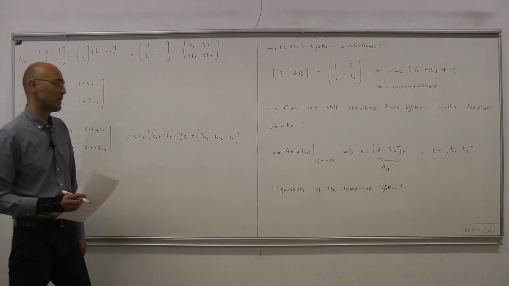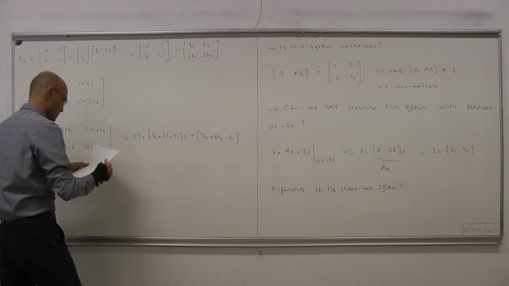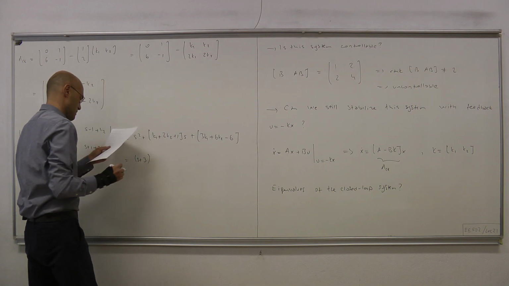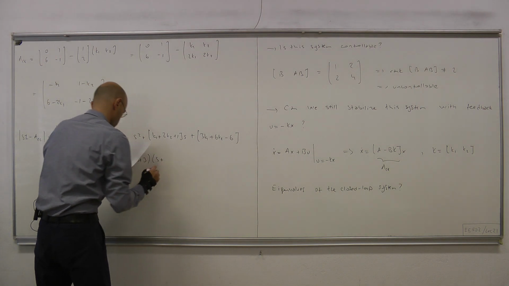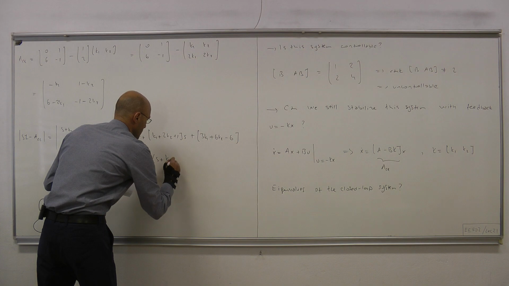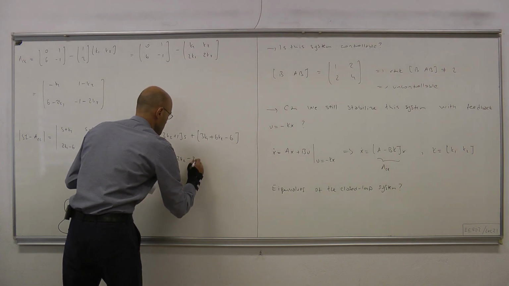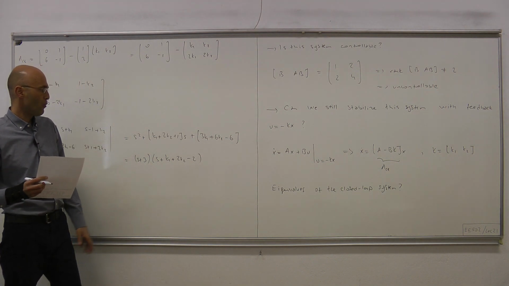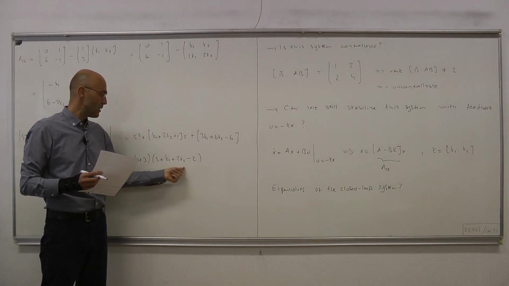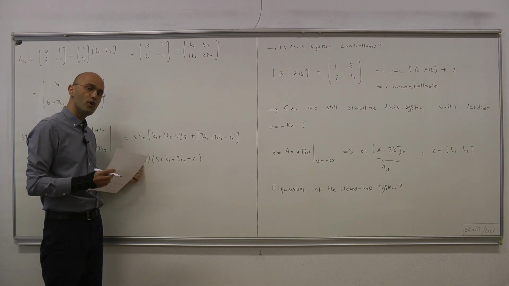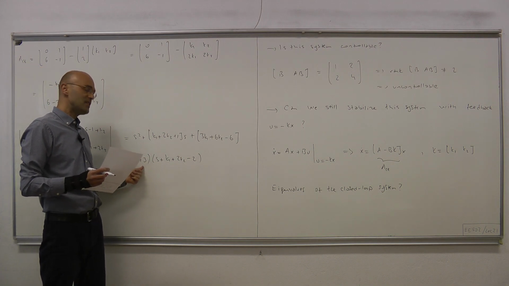But it's not the case, because this can be written as the following: (s plus 3)(s plus K1 plus 2K2 minus 2). So no matter how you play with K1 and K2, you will never be able to move the eigenvalue at minus 3.